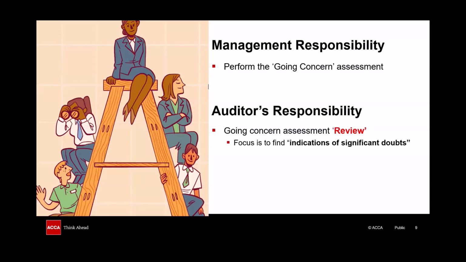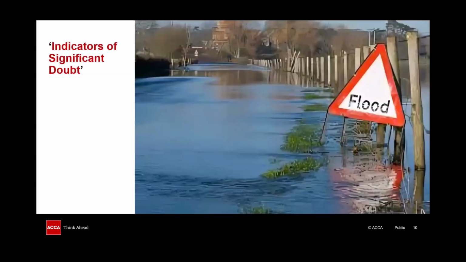The auditor will achieve this by obtaining sufficient and appropriate audit evidence by performing review procedures. So knowing this stuff can easily get you 2 marks if it appears as a knowledge fact question on your exam day.